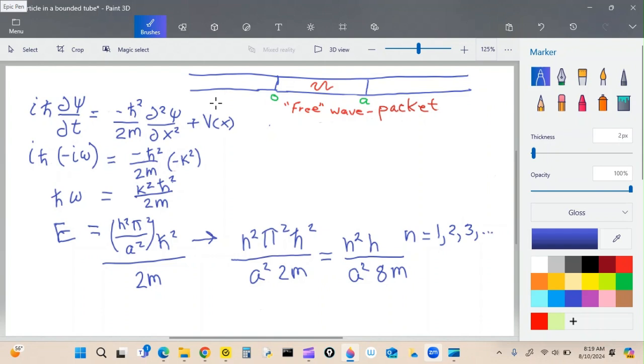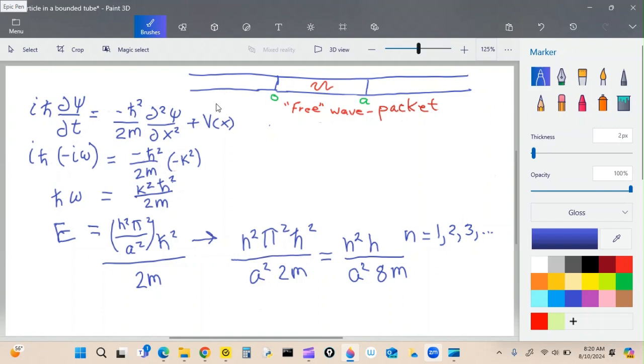What does that leave us with? Energy can be any one of the following values, where n is 1, 2, 3, and so on. And that means that the lowest energy that we can come up with is n equals 1.